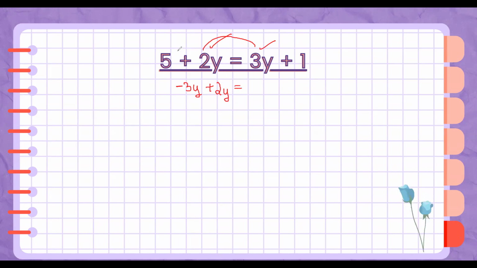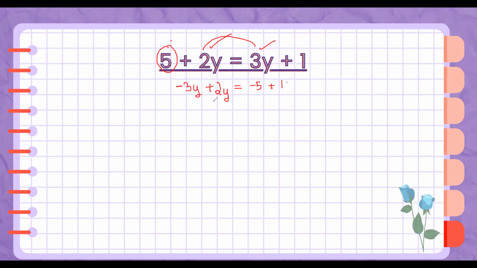Minus 3y plus 2y will give you, when 5 is moved to the other side, minus 5, right? So minus 5 plus 1.